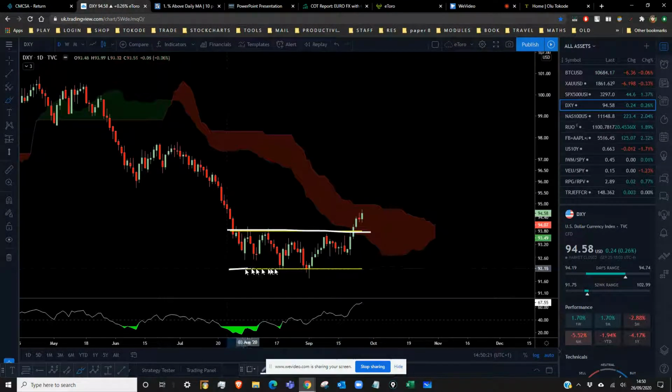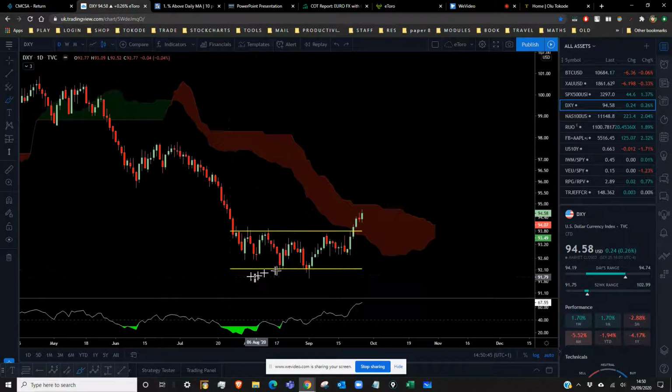I prefer to look at it as a channel. So that's my channel, bounded by those two yellow trend lines. The top trend line is at 93 and the bottom trend line is at 92.1. So that's my channel. So I'm going to tick that on my checklist, a bottoming formation.